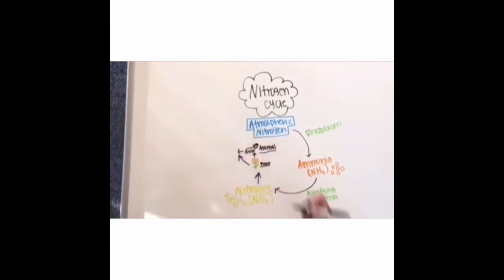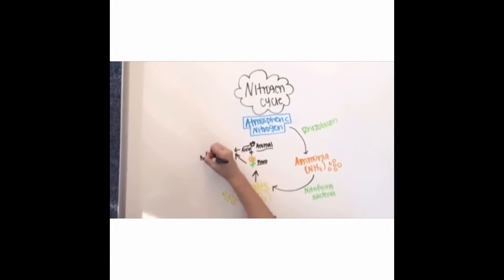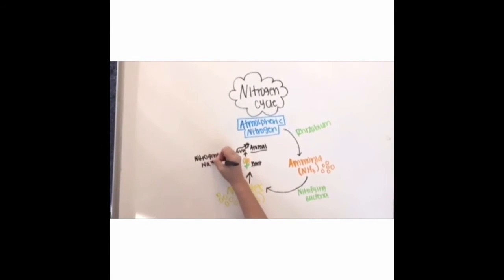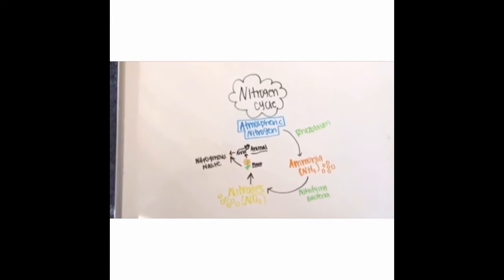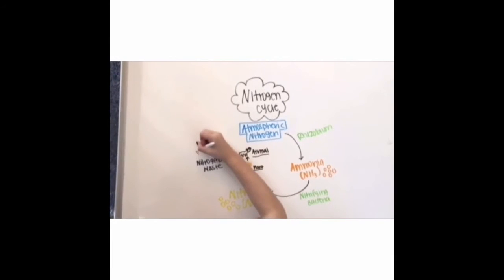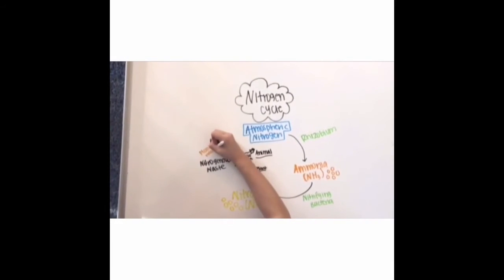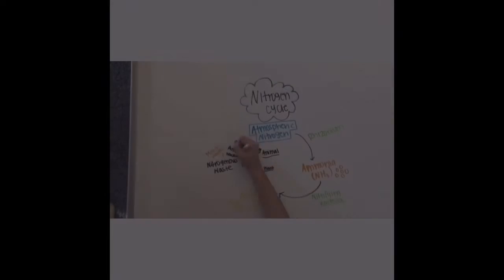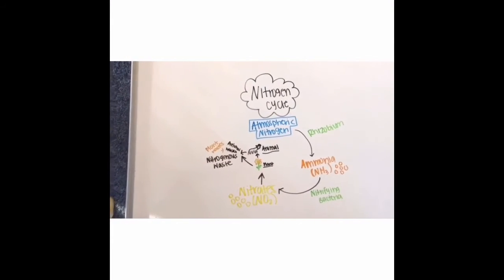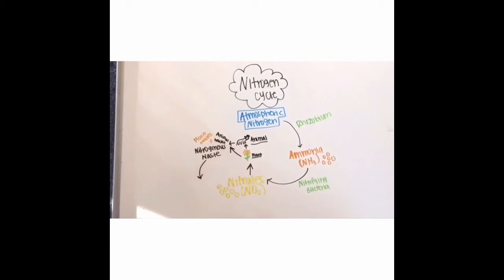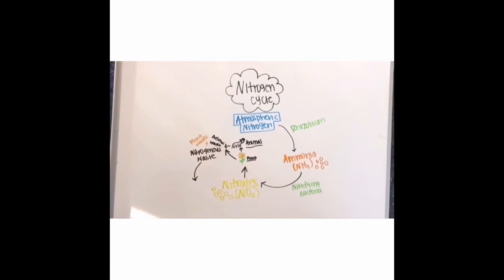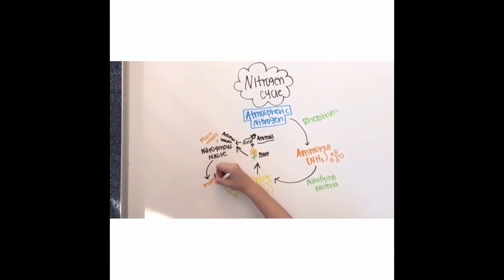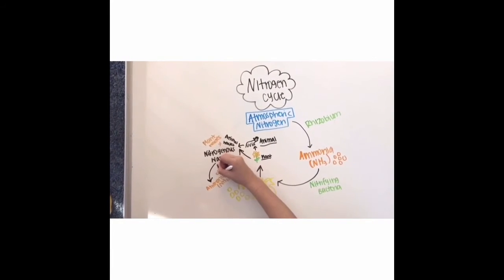Over time, nitrogenous wastes, such as plant wastes and animal wastes, release ammonia back into the atmosphere. This process happens because of decay.